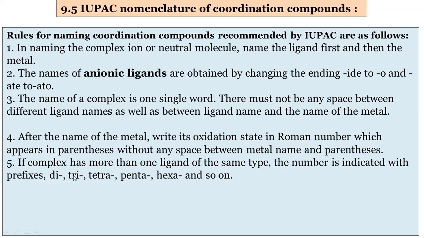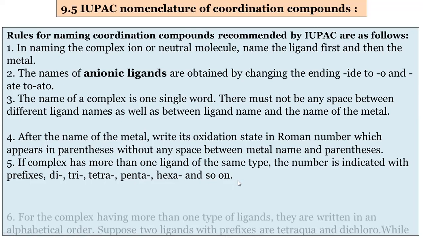If 3 cyanides are there, we call it tricyano. We know these words from 11th standard also. Tetra means 4, penta means 5, hexa means 6, then hepta 7, octa, and so on.